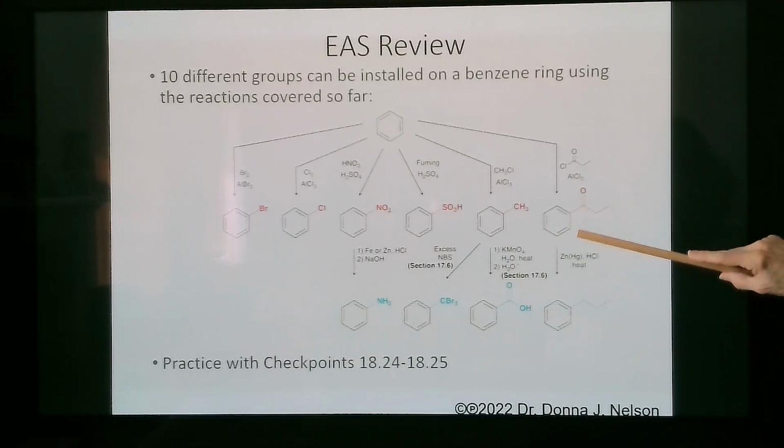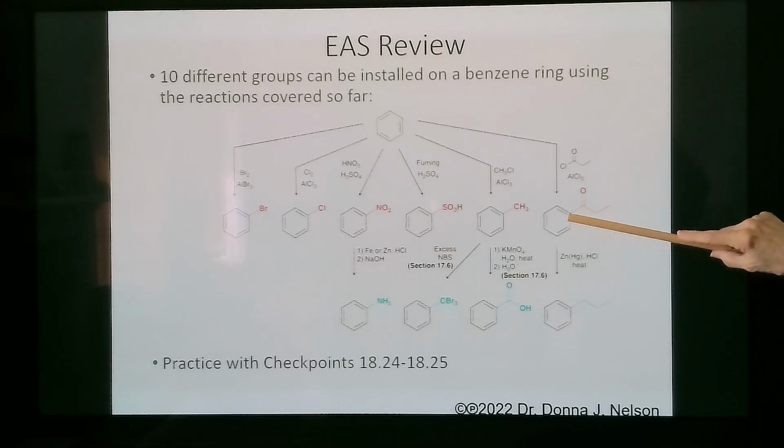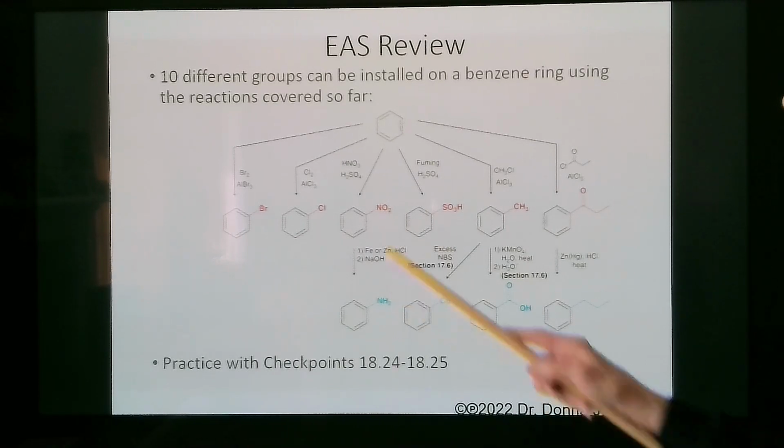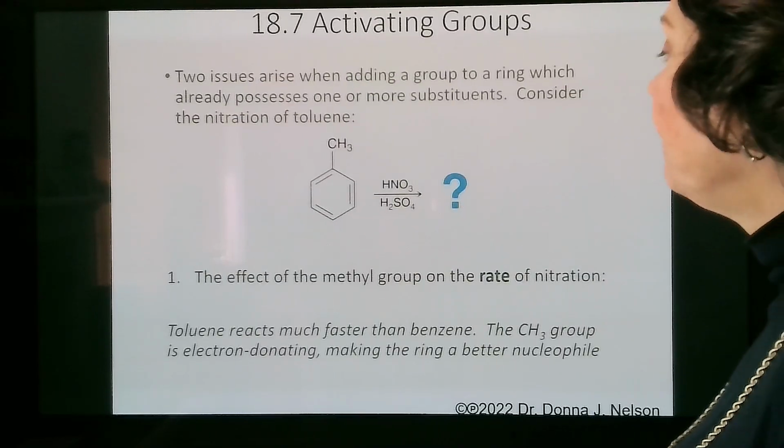And also the primary alkyl group can be obtained by using the acylation and then the reduction of the carbonyl. So this is a great review slide, and you can use this slide to help you ensure that you know all of these different reactions.